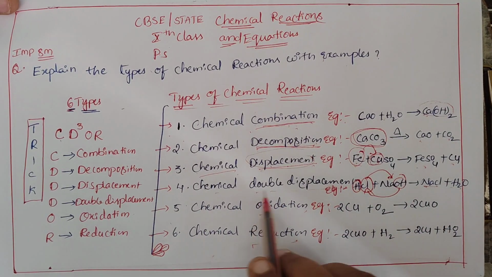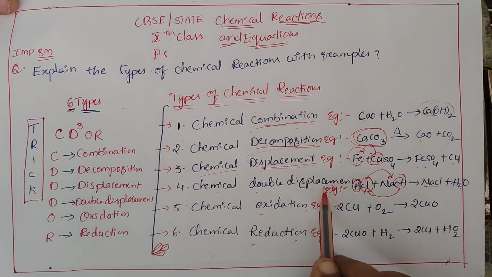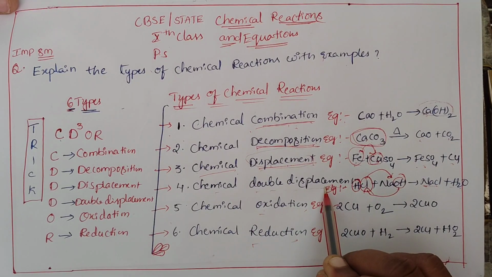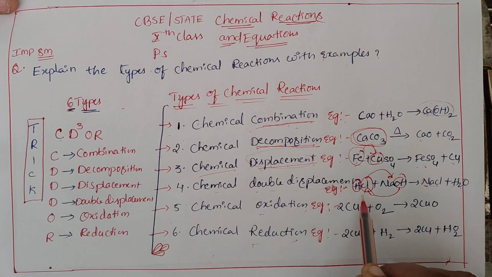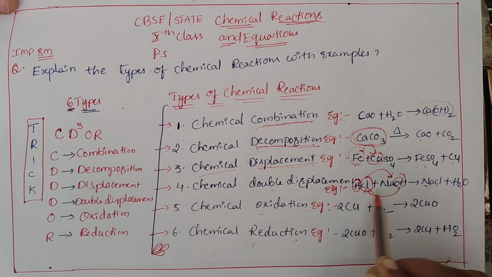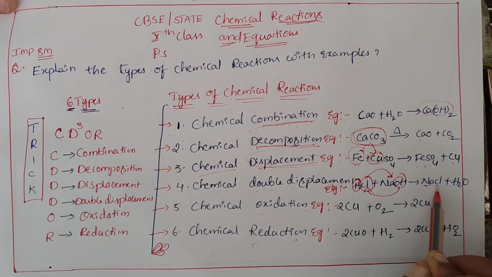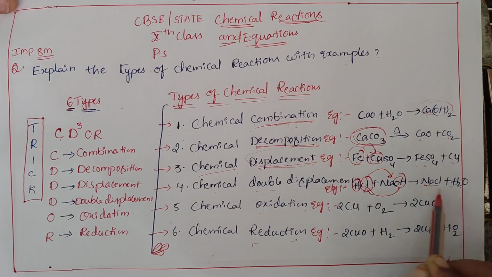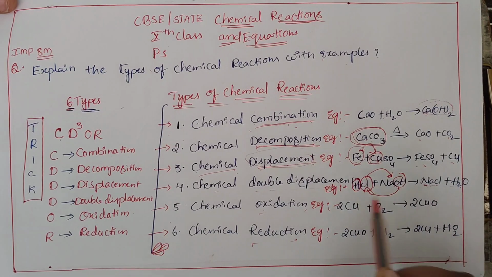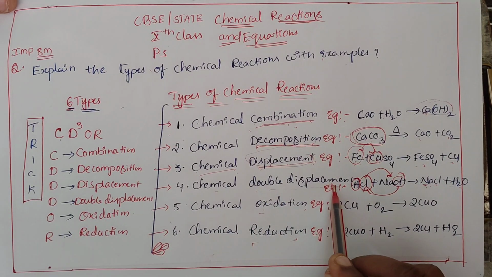Such types of reactions are called double displacement reactions. Here, mutual exchange of ions takes place between two substances to form newly formed substances. So, this is called chemical double displacement reaction.